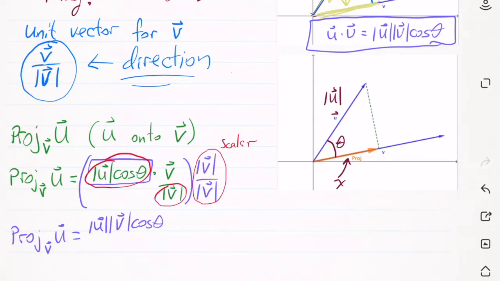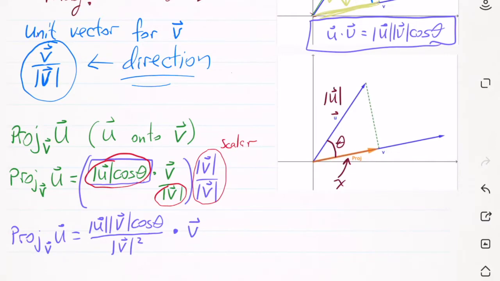All right, so that takes care of everything that's in the numerator, all over the magnitude of v squared, and then my vector. So this whole thing that I've written so far is just the scalar part of it. This is the length of my vector in the direction of v.